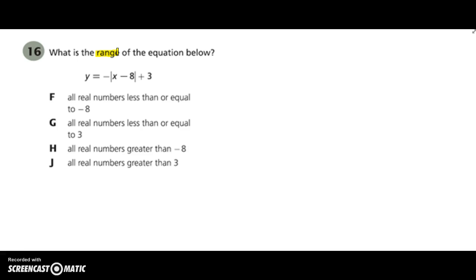And most functions have no restriction on the domain, like the quadratic equation, linear equation, absolute value equation, like the problem here. They don't have a restriction on domain. That's great. We don't have to think any further.